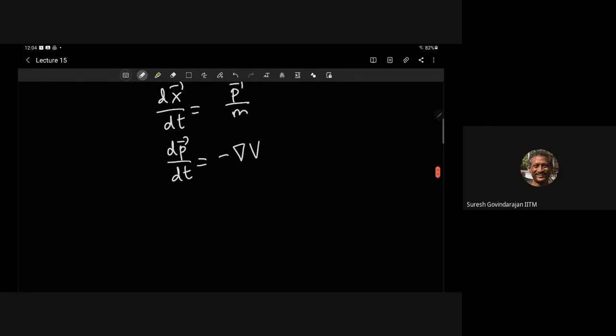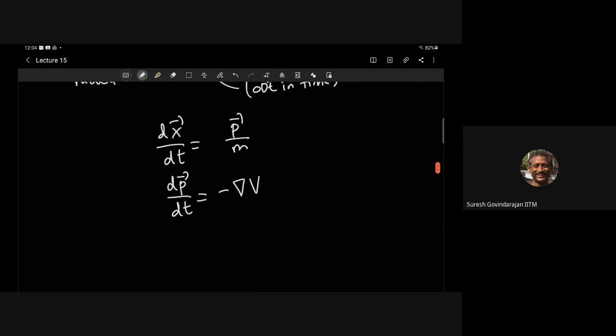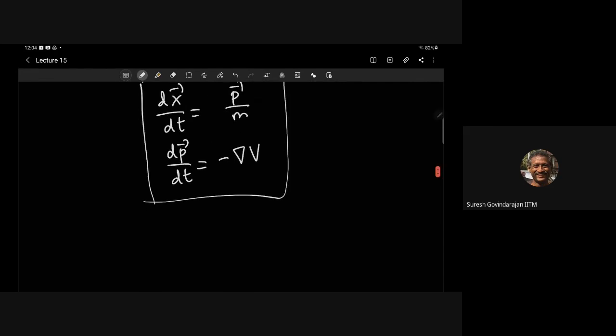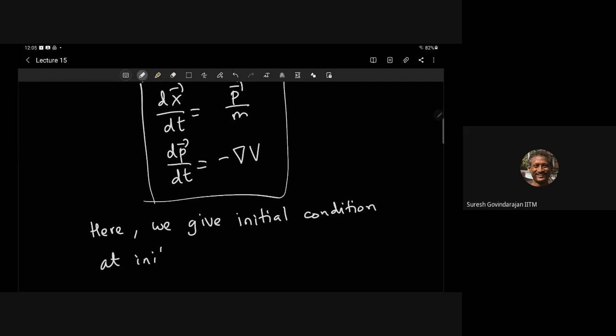Now here we give initial conditions at initial time, say t equal to 0.